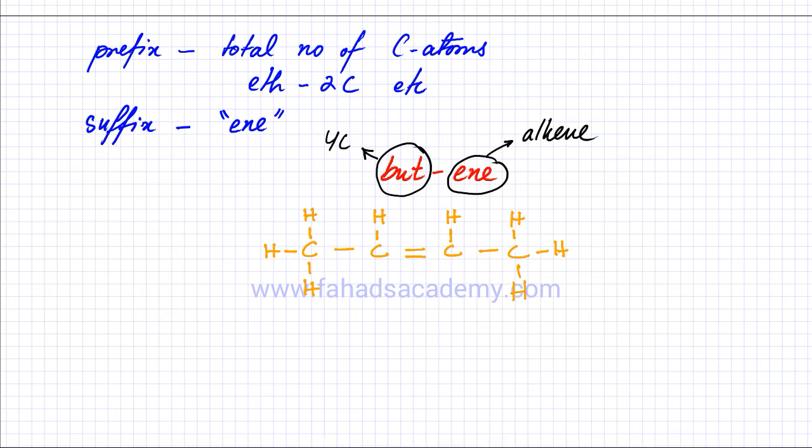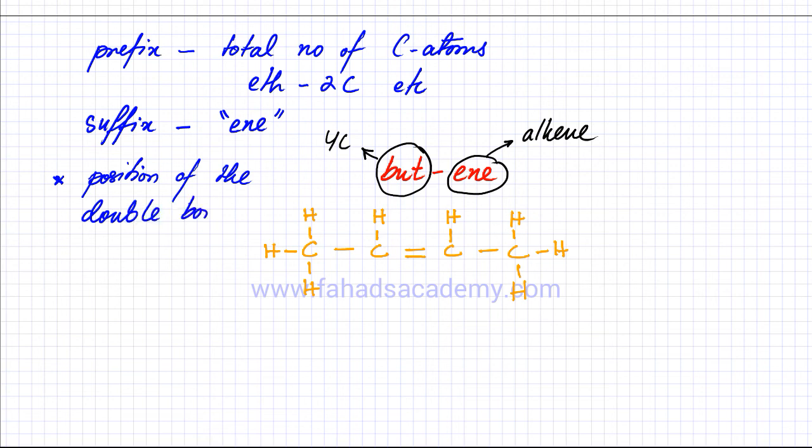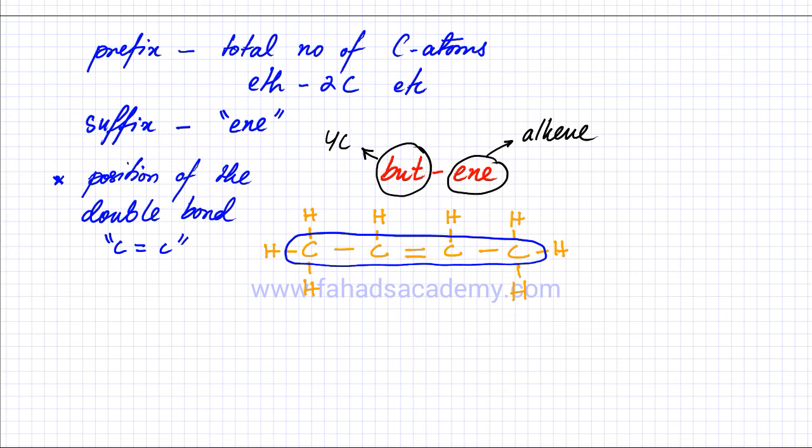Now there's one additional piece of information that you have to add when you're writing a particular alkene: apart from the prefix and suffix, right in the center you would have to mention the position of the double bond, or the functional group, which is C double bond C. We need to mention where that C double bond C is located on this total carbon chain. Counting can be done from either end.